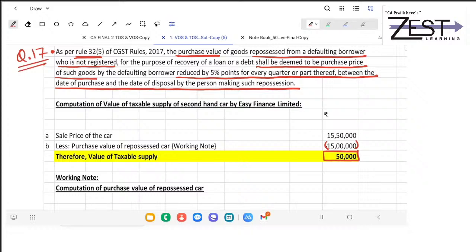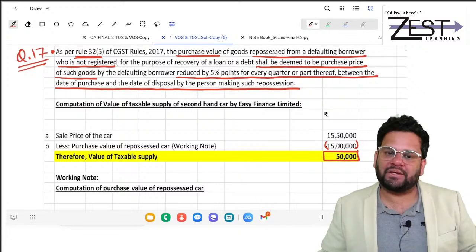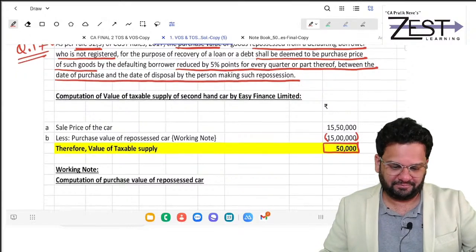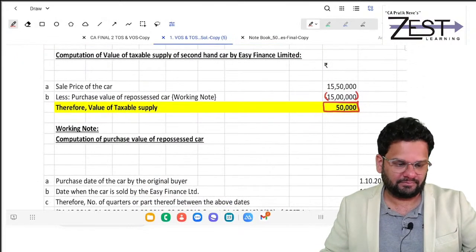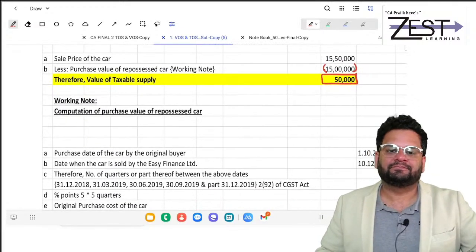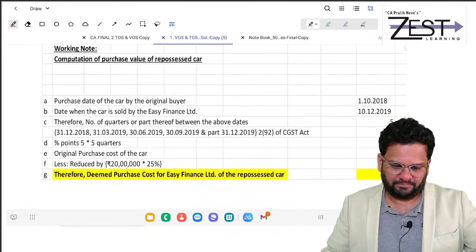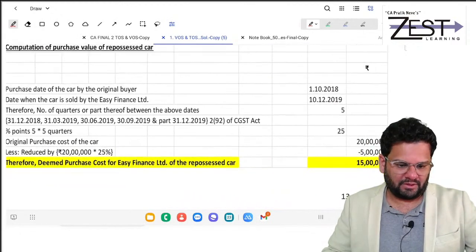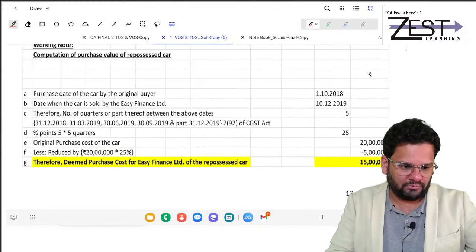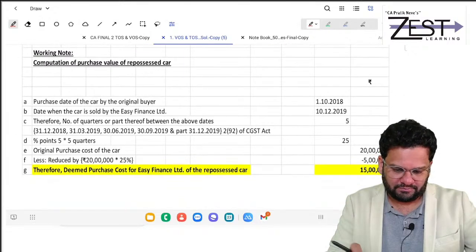So Ashima, you are saying done for this one. May I scroll down? Is it done for you? If it is done for you, then please do the working note.